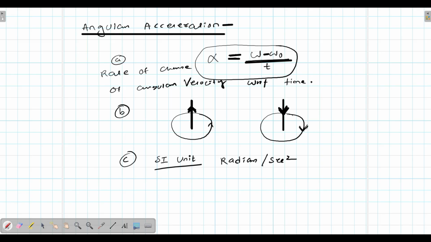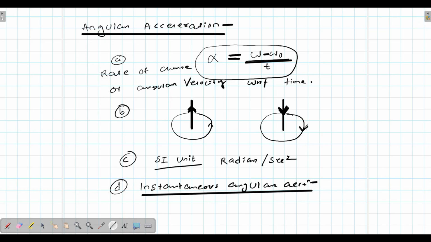Instantaneous angular acceleration. Alpha equals to d omega by dt.